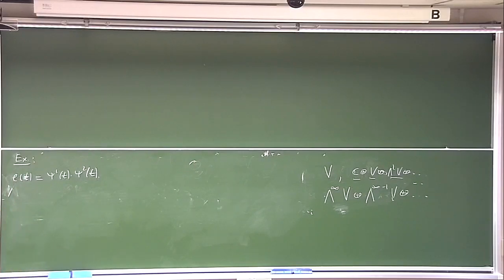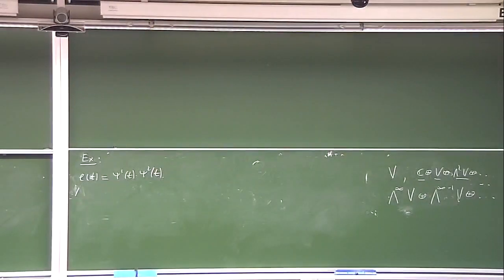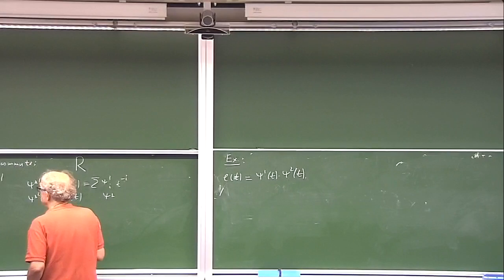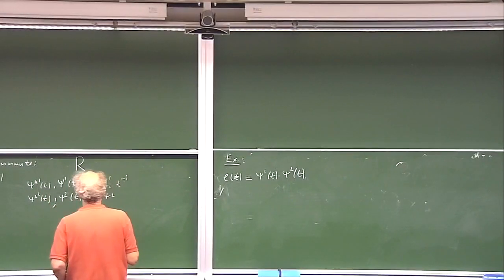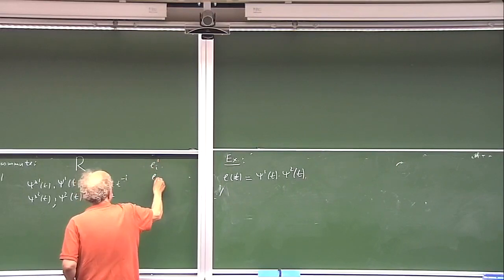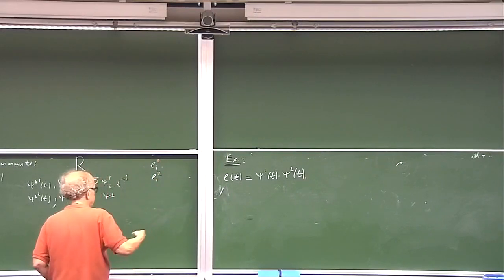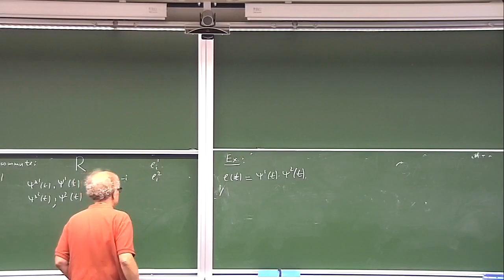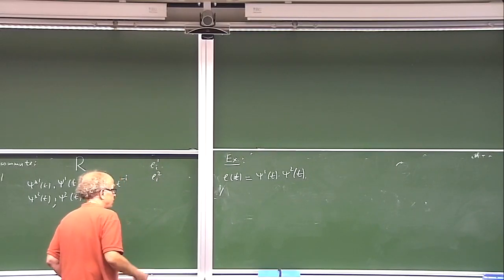You know, they are acting in my space in the same way again. Now in my space I have two types of e_i1 and e_i2, and this is just a product of such generators.